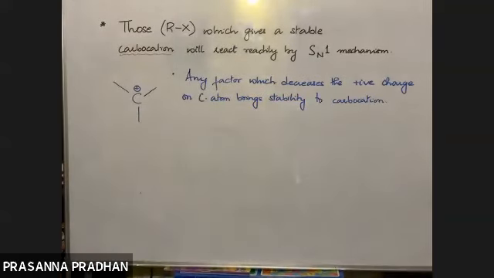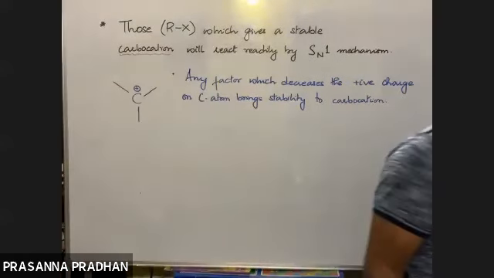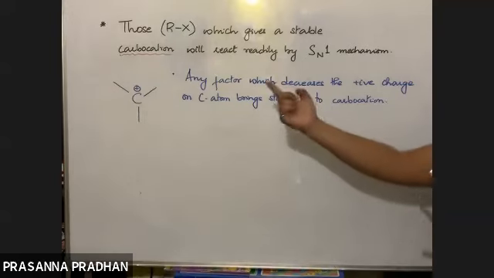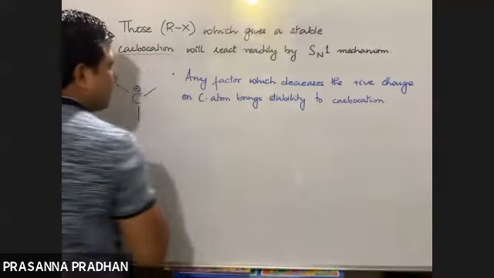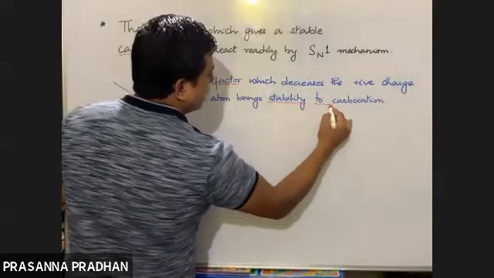So in a single line, the stability of carbocation can be summed up this way. The carbon atom has a positive charge, so any factor that reduces the positive charge will bring stability to the carbocation.